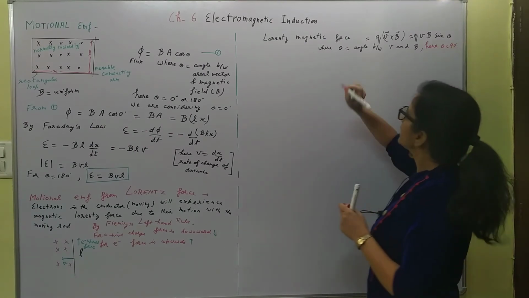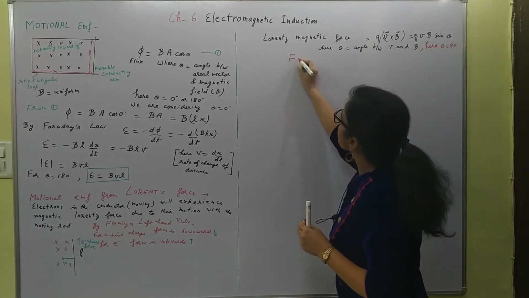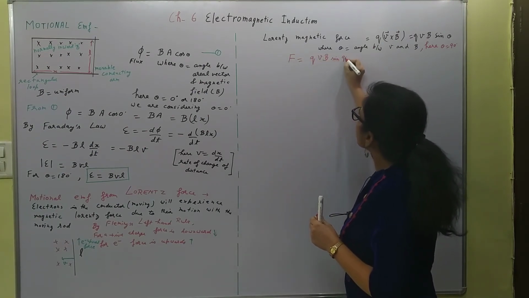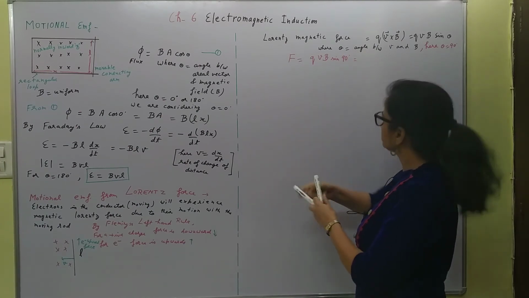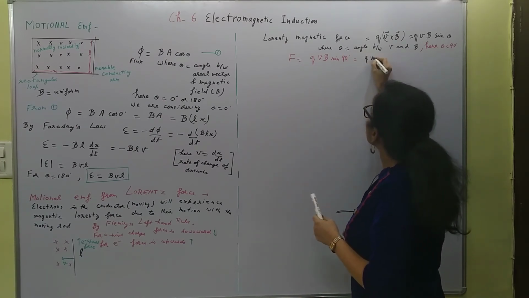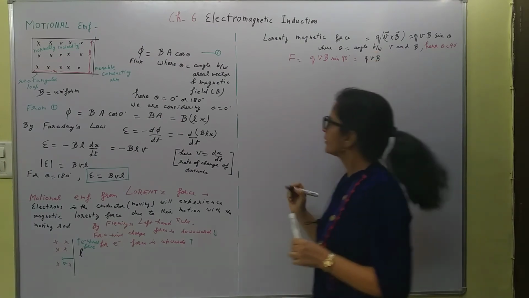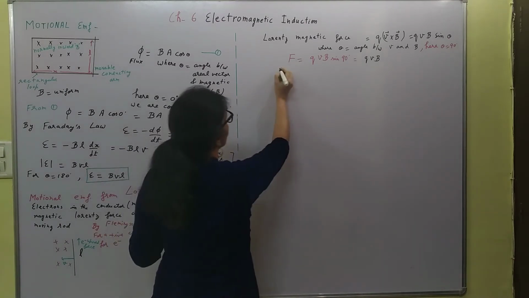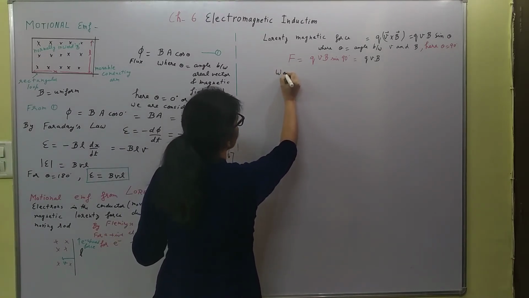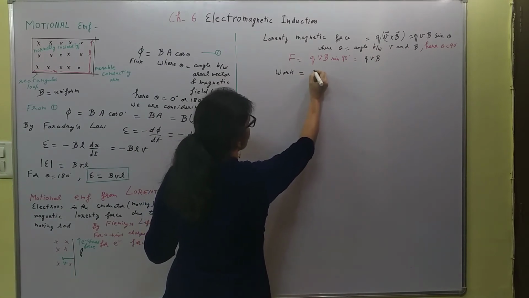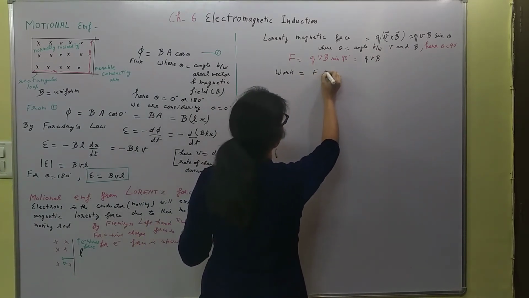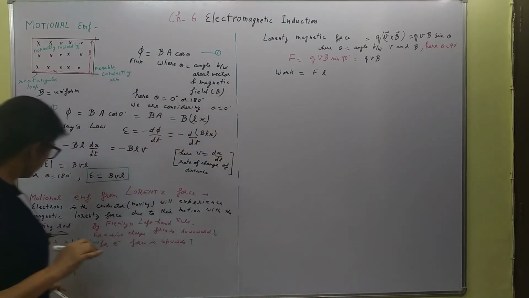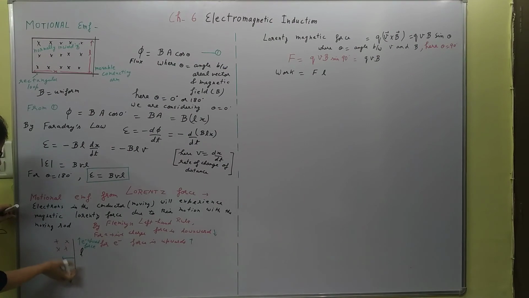Right? So what will be the Lorentz force? This force will be QVB sine 90 degree. That means QVB, right? And what will be the formula for work? That is force into displacement. How much displacement are the electrons having from this end to this end?